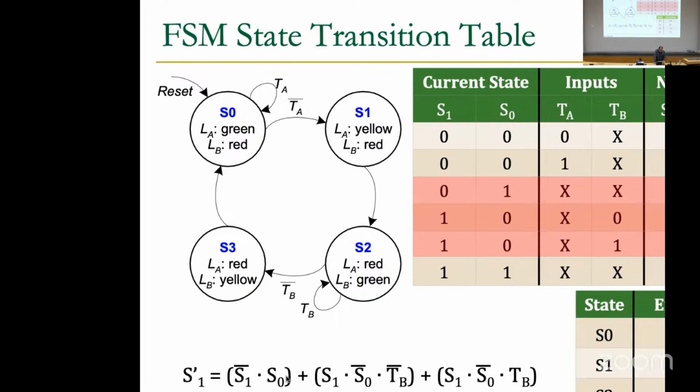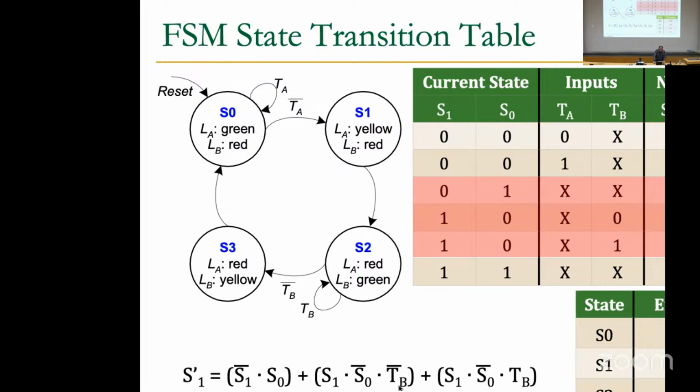Or this combination of inputs, which is 1, 0, X, 0. So it's going to be S1, S0 prime, and also TB prime. Or this line, which is S1, S0 prime, and TB.